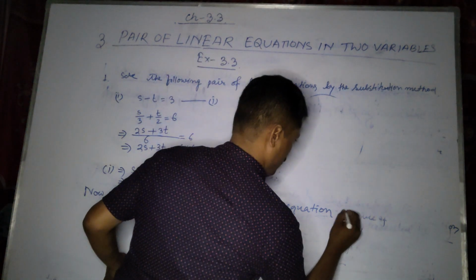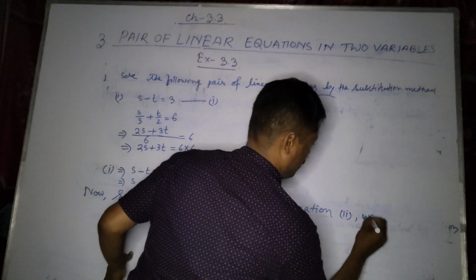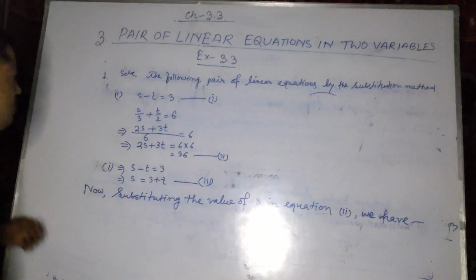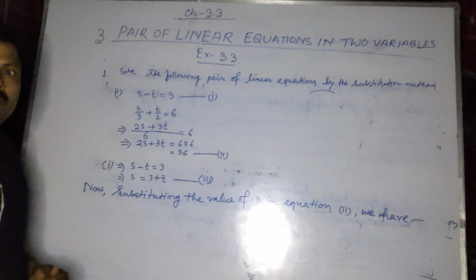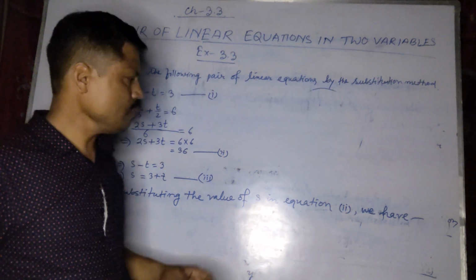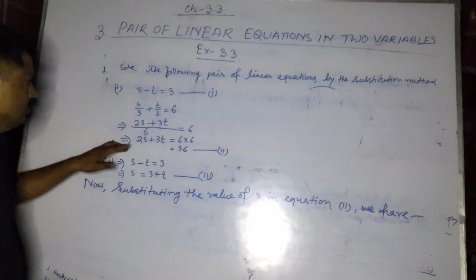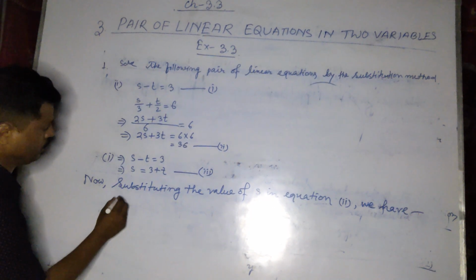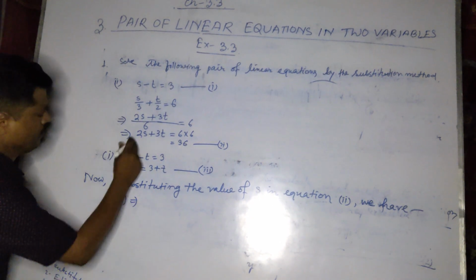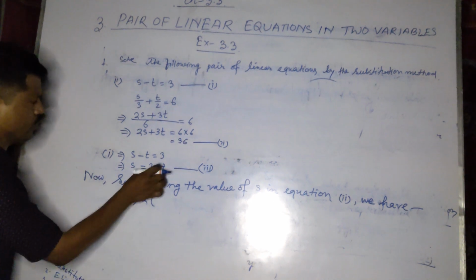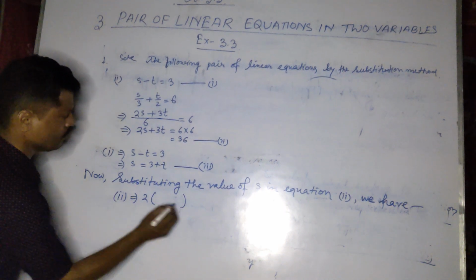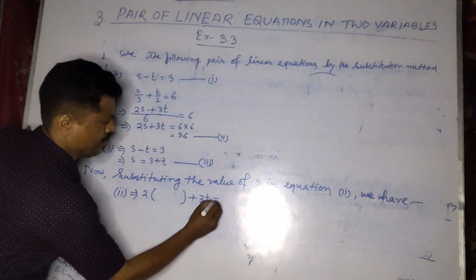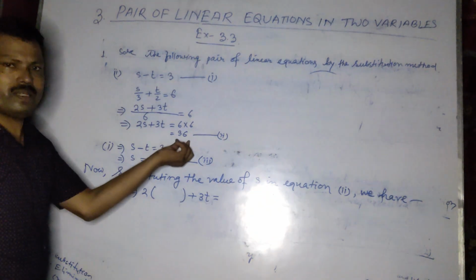In equation 2 we have 2 into s, and we have to put the value of s here, plus 3t is equal to 36.